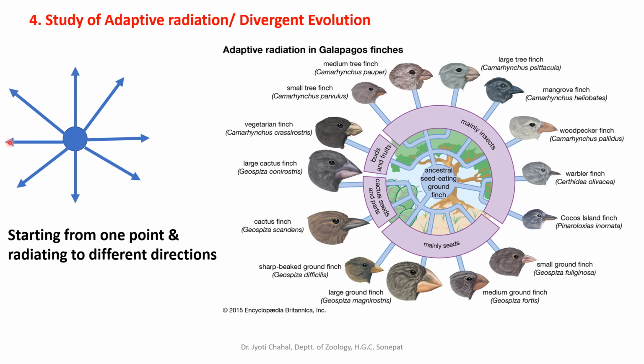Okay, so the best example is adaptive radiation in Galapagos finches. On the Galapagos Islands, there are different species of finches which were discovered by Darwin during his voyage, and according to their adaptation, according to every possible niche, they have adapted. Some finches are insect eating. You can see these all are insect eating finches, so their beaks are accordingly modified. And then these are seed eating finches and their beaks are accordingly modified.